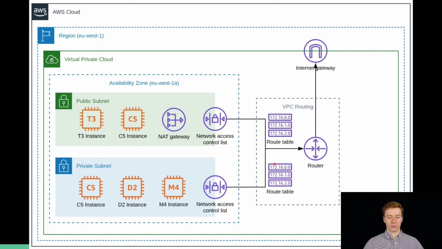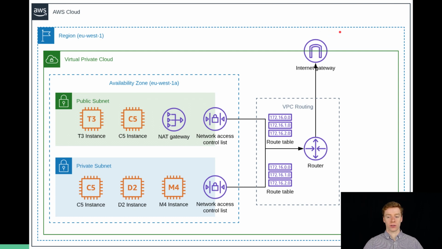So what that will do is that will say 0.0.0.0/0 to our NAT gateway. Our NAT gateway is actually sitting in our public subnet, so it's going to send all the traffic through this network access control list into our public subnet, through our NAT gateway, and then back out where it will be processed by this route table and up into our internet gateway.